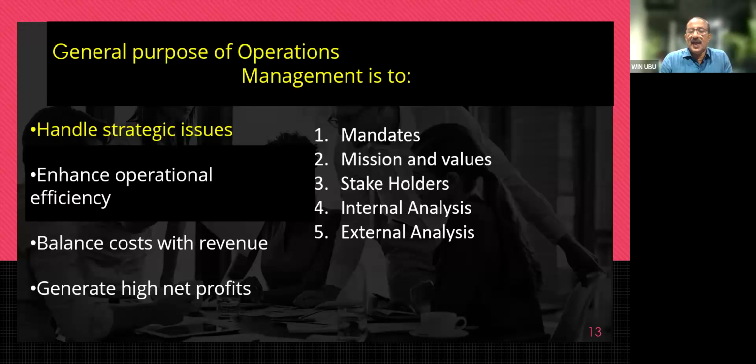And mission and values. In any organization, corporate governance is there. Corporate governance means there are rules and regulations set anywhere in the world. If operating any company or organization, even if it is an operations manager or any individual, it's not possible to run the company on their own whims and fancies.